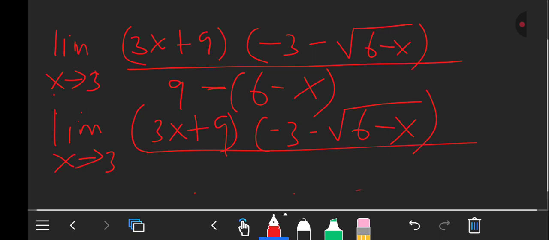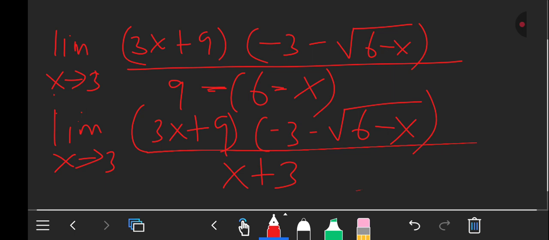This negative will multiply the 6 in the parentheses, so it will be 9 minus 6, then negative multiplied by negative will be positive, so it will be plus x. And 9 minus 6 is just 3, so it will be 3 + x. So on the denominator I'm going to have 3 + x, which is just x + 3.